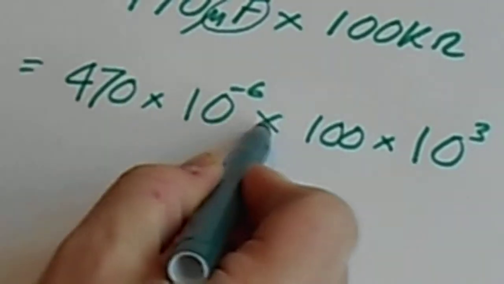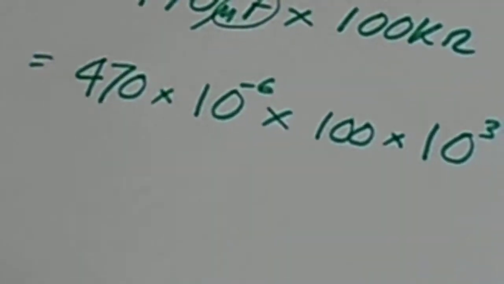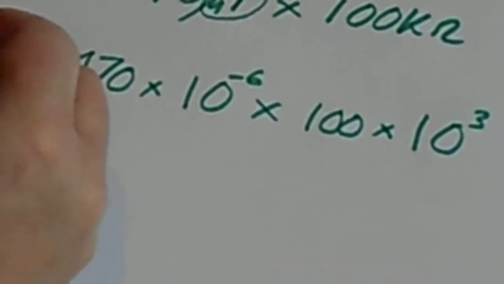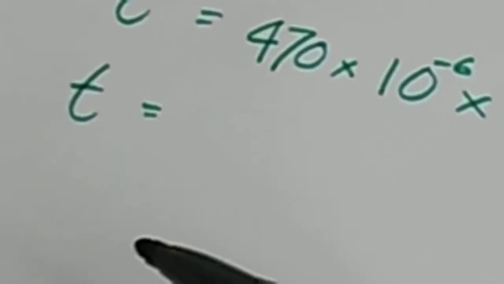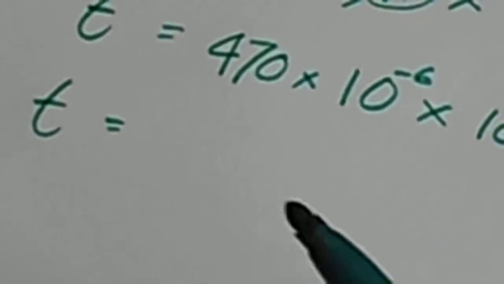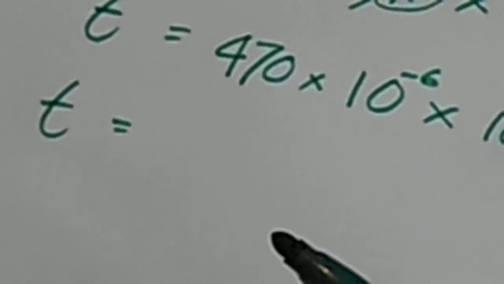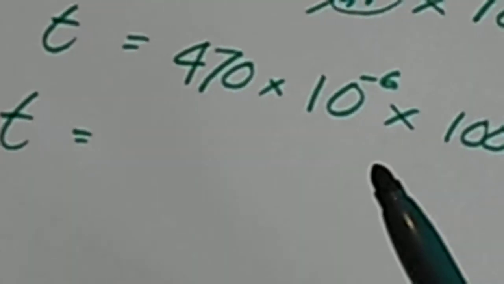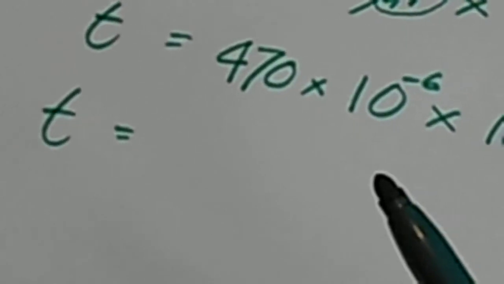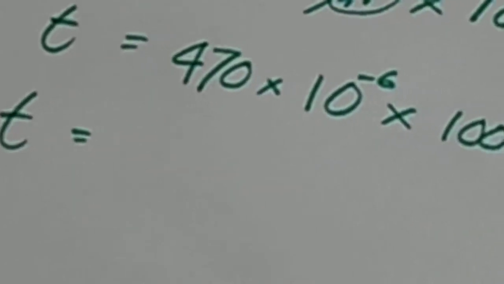And everything's a times sign, and that's important for later. So the next stage, remember to keep your working out in line, keep the equal signs in line. It makes it far easier for the examiner to actually mark the work, and you've got a much better chance of them actually being able to understand your thinking if it's all nicely laid out. Even if there's slight errors there, they'll be able to pick those up.